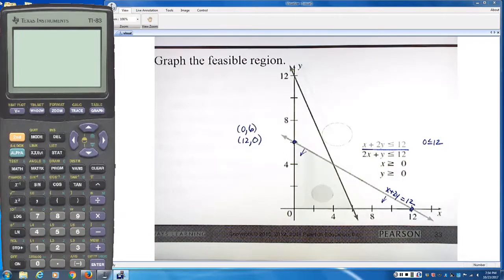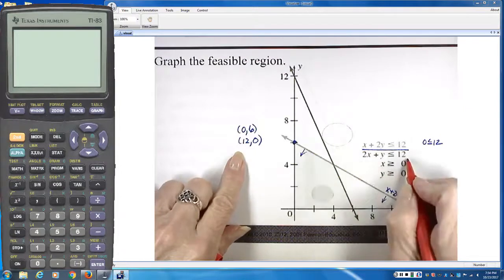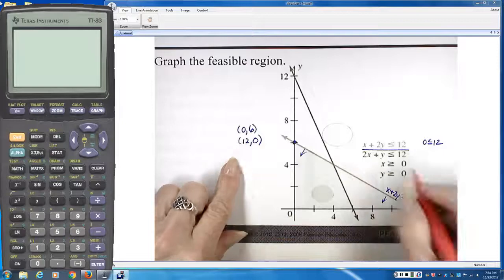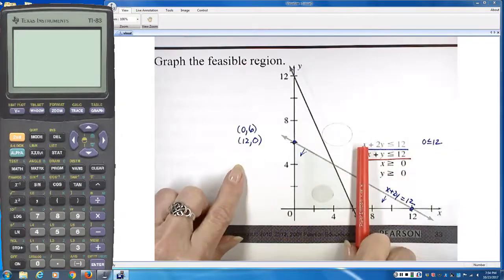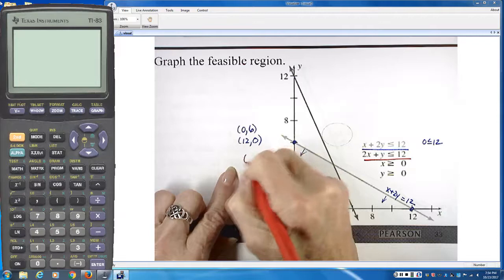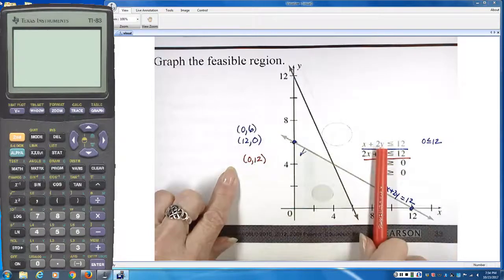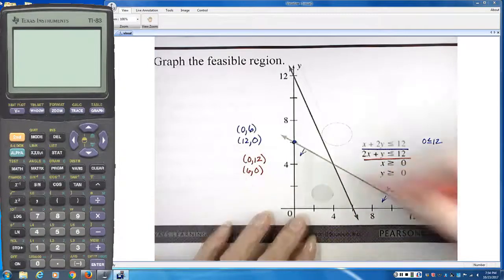So then moving to the other constraint, 2x plus y is equal to or less than 12. Well, if I use 0 for x, that means y is equal to 12. And if I use 0 for y, that means x is equal to 6. So that's going to be this line.